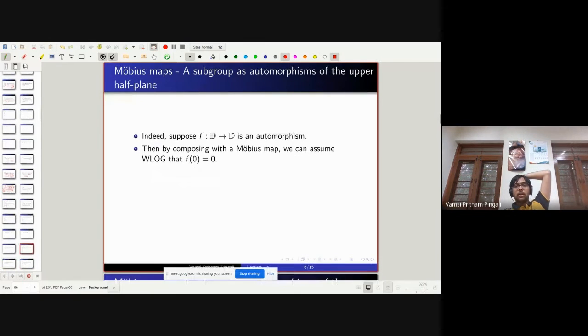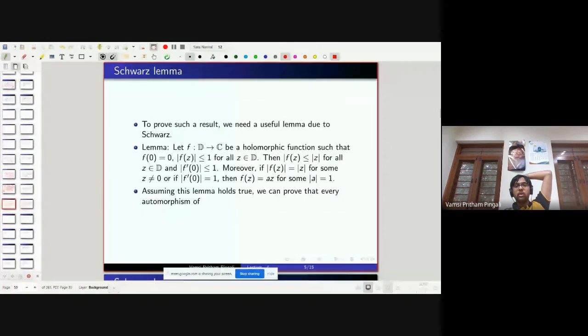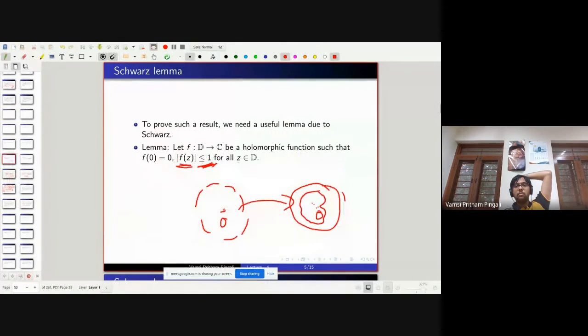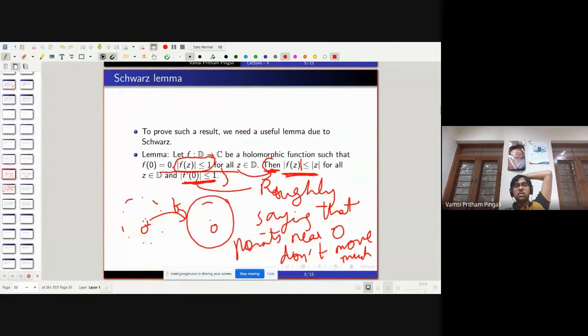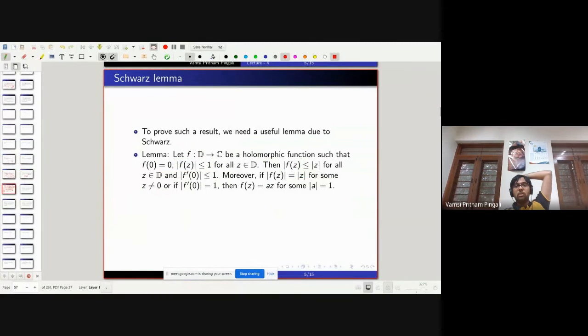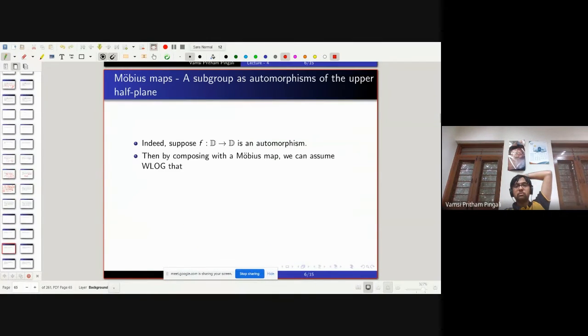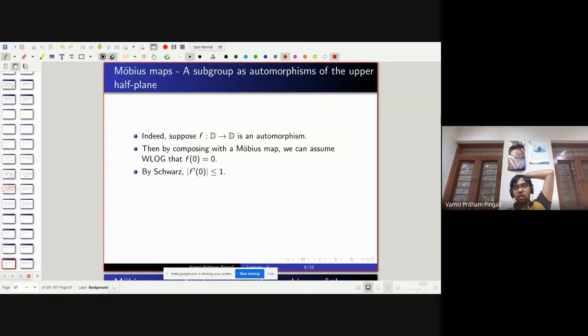By Schwarz's lemma, if f of 0 is 0 and f takes the disk to the disk, we have satisfied all the conditions necessary for Schwarz's lemma. So we can apply Schwarz's lemma and conclude that mod f prime 0 is less than or equal to 1. And here comes the neat trick. Because f is an automorphism, f inverse is also analytic.